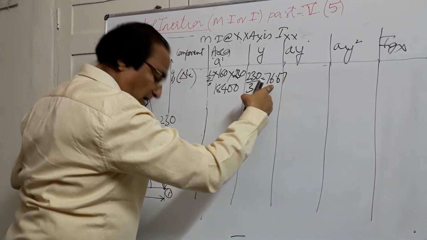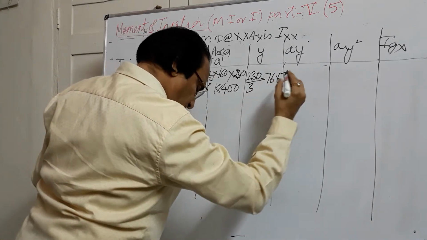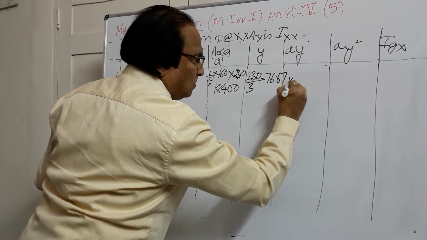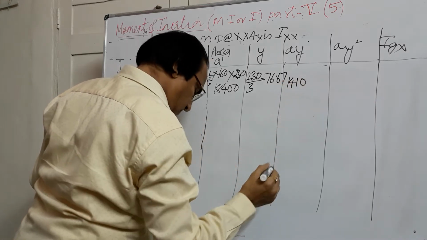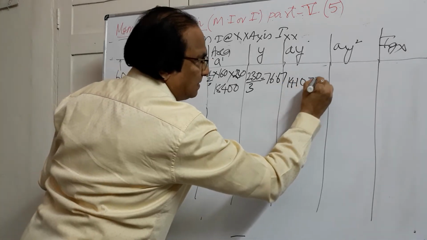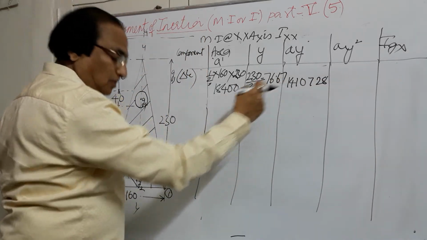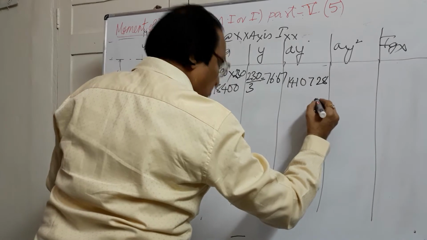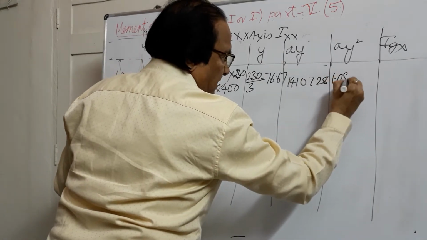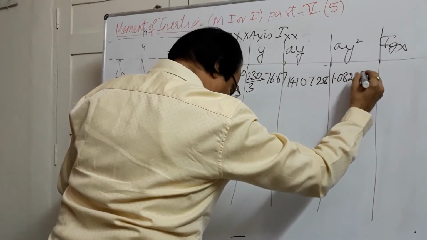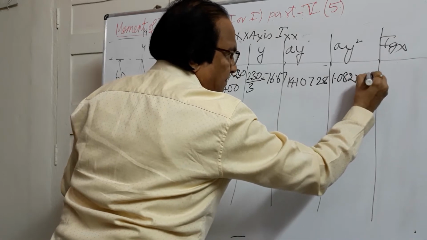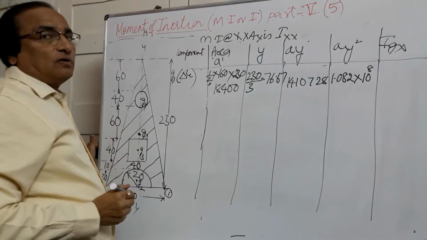A into y, you will get the value as 1410728. If you again multiply these two values, this will be equal to 1.082 into 10 to the power of 8.